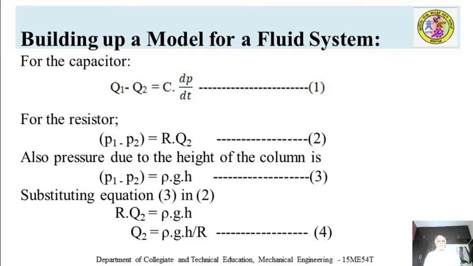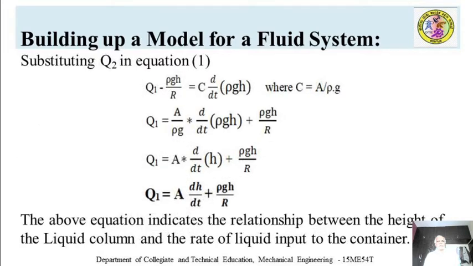For P also we can substitute rho GH. P is nothing but rho GH, where rho is density, G is acceleration due to gravity, H is pressure head. So let us simplify this. Q1 equals, bringing rho GH by R to the right hand side, it becomes plus.